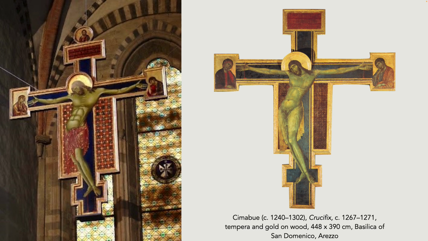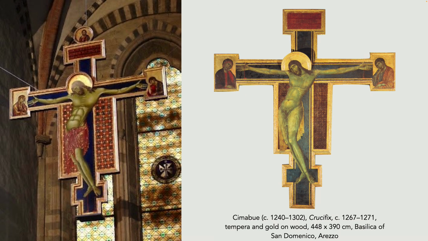It's a large wooden crucifix. It was commissioned by the Dominican order for their church in Arezzo. And it's interesting that mendicant orders like the Dominicans were advocating for a more humanized religiosity, and that influenced Cimabue's representation of Christ's suffering.